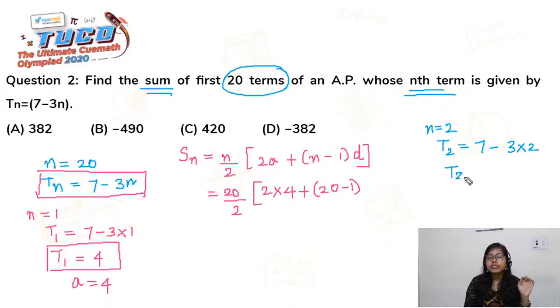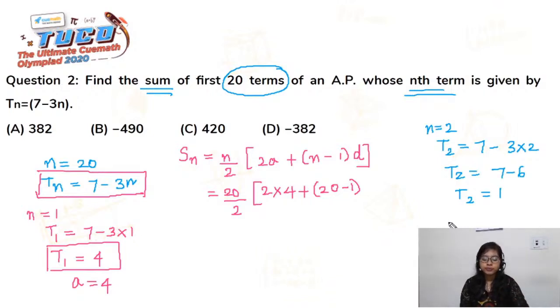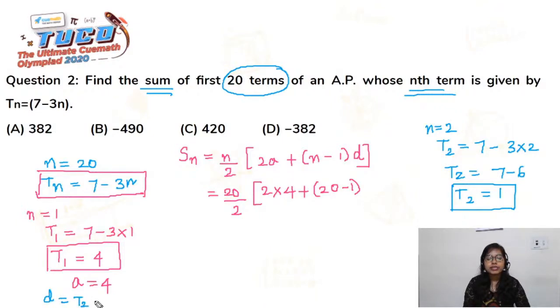This is going to give us T2, which is 7 minus 6, and that's going to give us 1. So what is the common difference from here? We already have T1 and we already have T2. So our d would become T2 minus T1, and that's equal to 1 minus 4, which is equal to negative 3.